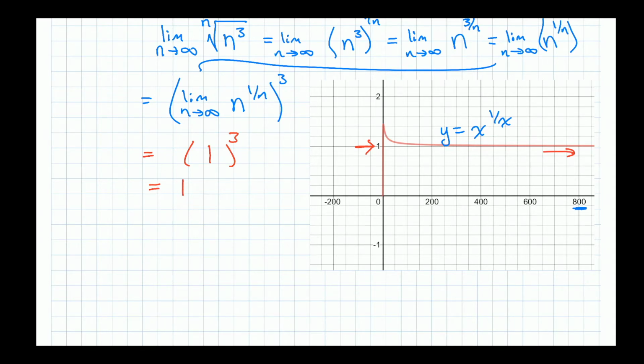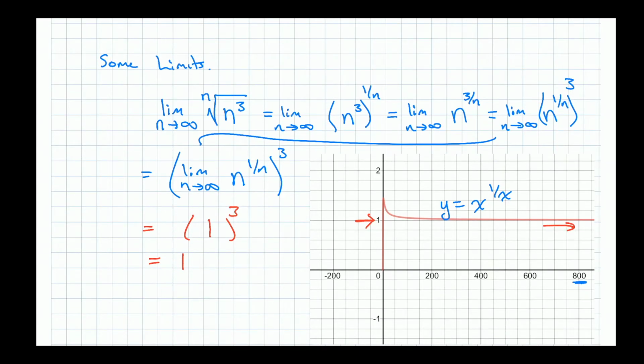So what I wanted you to notice about this is, first of all, the limit is 1, but second of all, the 3 doesn't matter at all. That 3, which I just carried through the entire problem, just ended up there. But 1 to any power is still going to be 1.